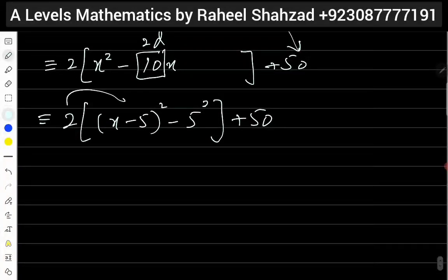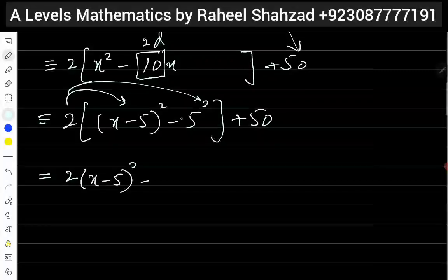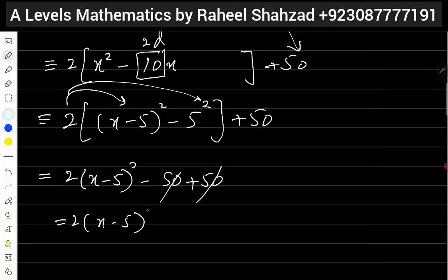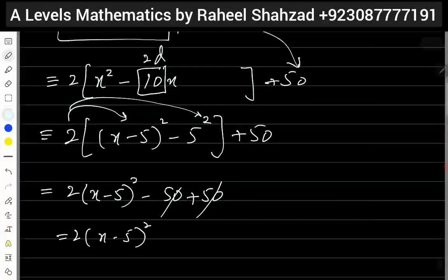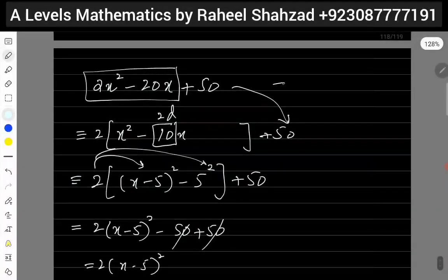Now we multiply this 2 inside the bracket, so that is 2 times x minus 5 square, minus 5 square is 25, 25 twos are 50, plus 50. Oh, luckily this cancels out, so we have 2 times x minus 5 whole square, right? So this expression can be written as 2 times x minus 5 whole square only.